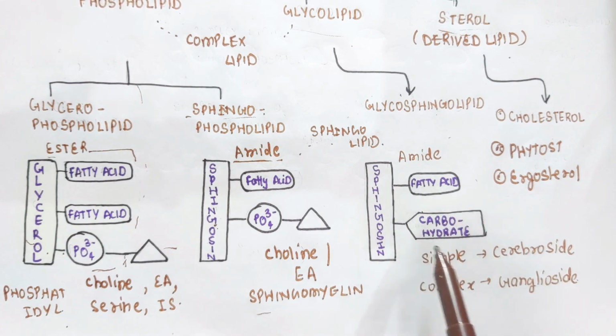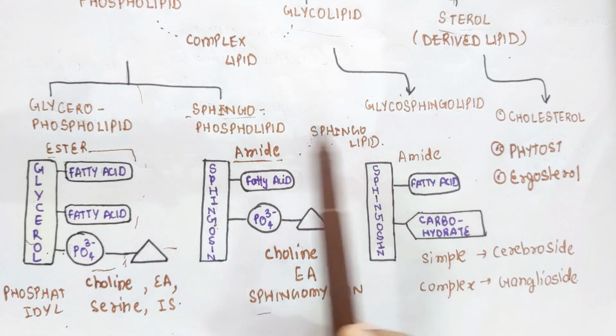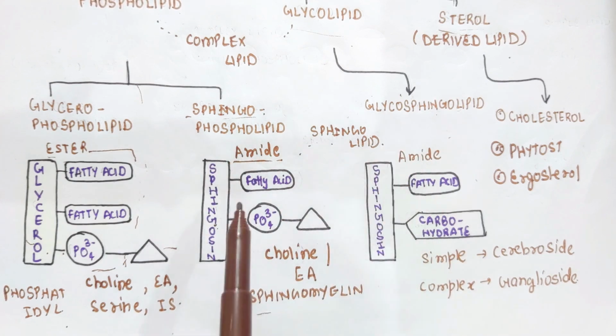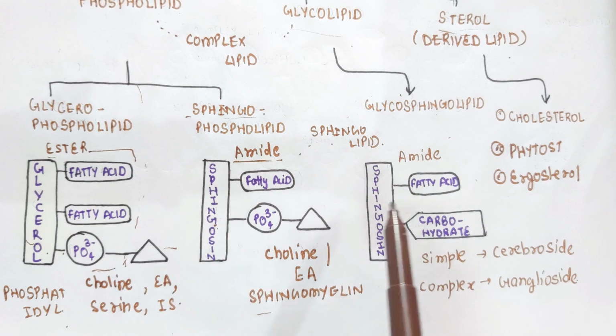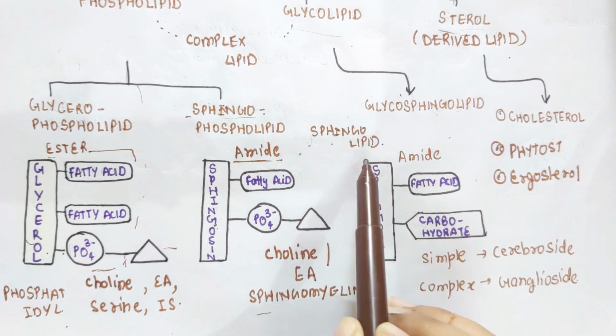This carbohydrate can be either a simple sugar or a complex sugar. If the carbohydrate is a simple sugar, then we name the structure cerebroside, and if the carbohydrate is a complex sugar, then we call it ganglioside. Both are made up of a sphingosine backbone, so they also come under a type of sphingolipid.